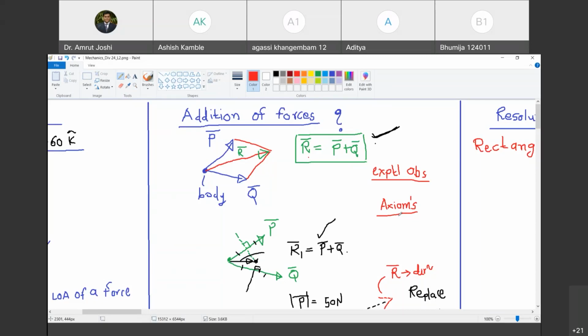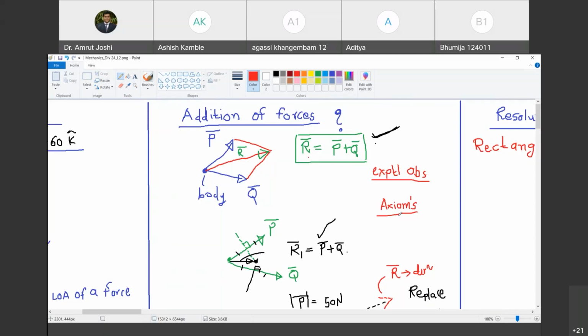All these statements are only experimentally observed. There is no analytical proof for it. Are you with me? Yes, sir. So another axiom is the law of gravitation. तो कितने axioms हुए? 3 न्यूटन के लॉ, एक पैरेललोग्राम लॉ ऑफ एडिशन, और एक कौन सा axiom हुआ? लॉ ऑफ ग्रेविटेशन. 5 axioms. Are you with me? Yes, sir.